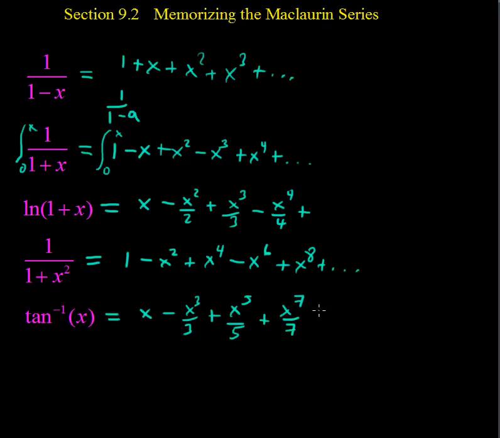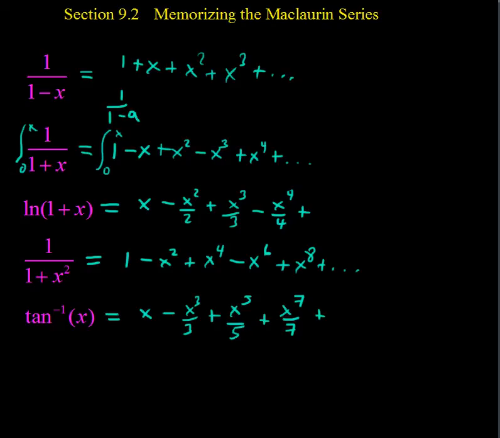And you can begin to see the pattern here that if this is n equals 1, and then this is n equals 2, n equals 3, we actually end up being, I think, 2n minus 1 for the exponent and also for the denominator.